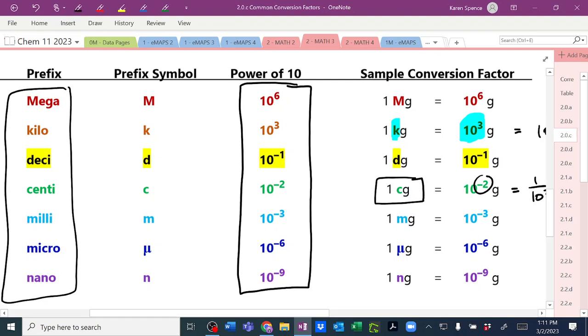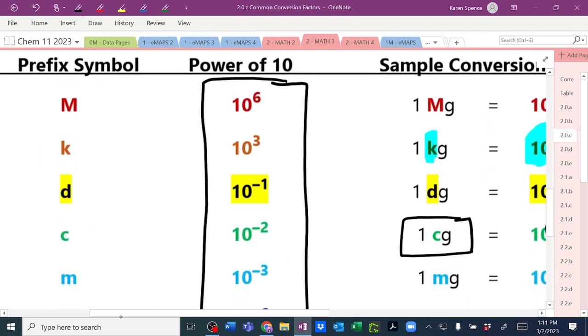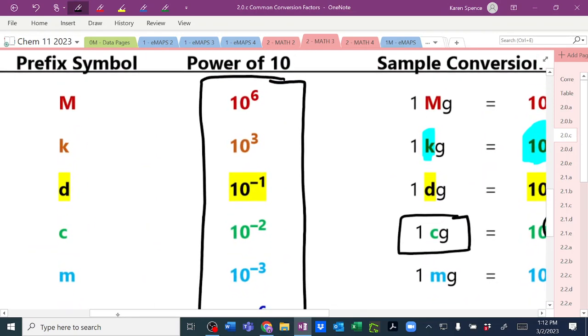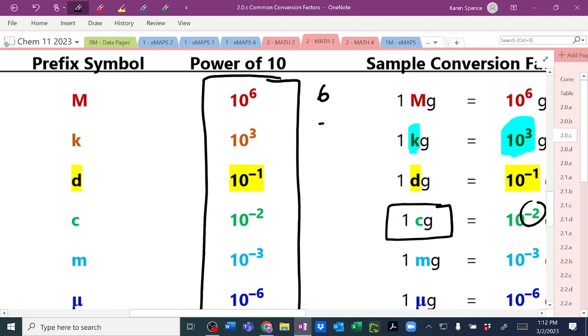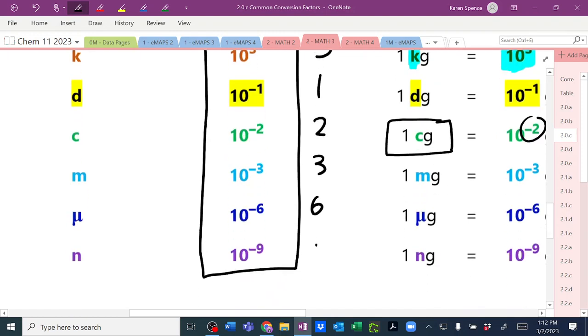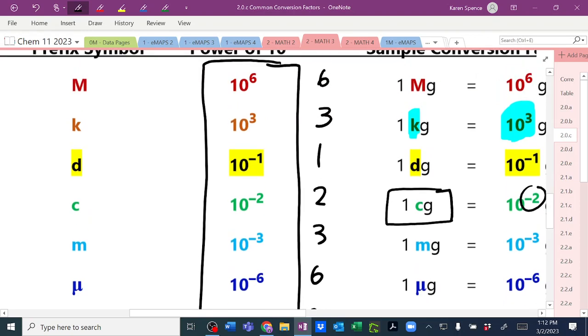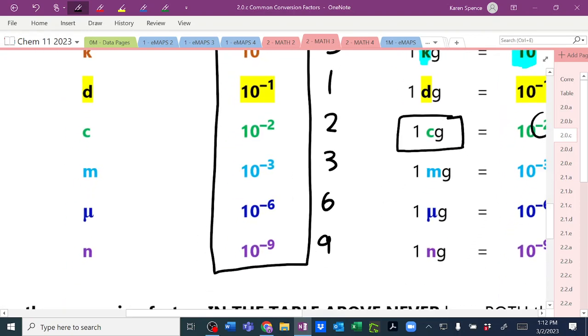Now, if you look, the 6, 3, 1, 2, 3, 6, 9 gives you your power of 10.